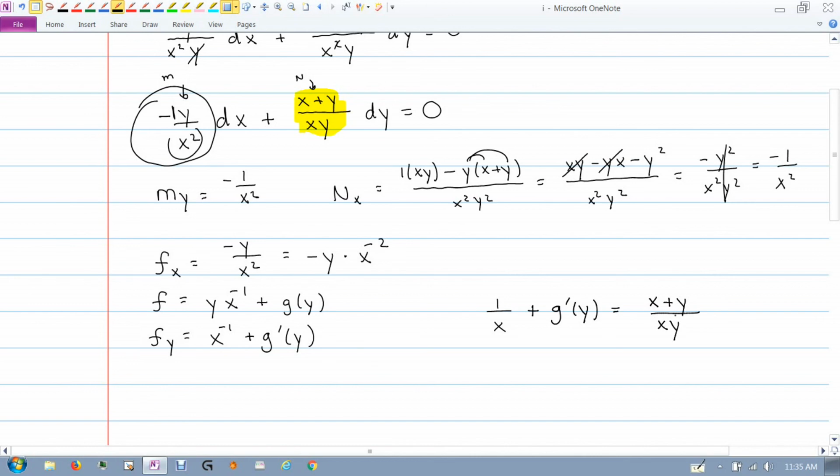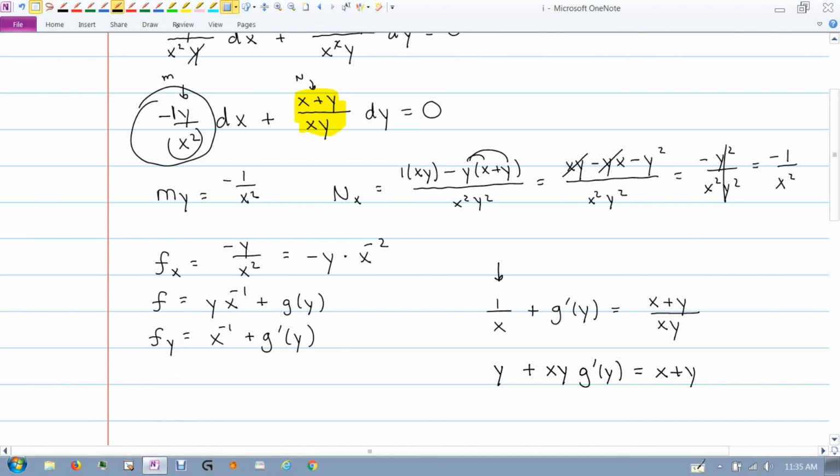Now, let's go ahead and multiply through by xy. So if we multiply this first term times xy, the x's cancel, you just get y, plus xy g prime of y equals x plus y.